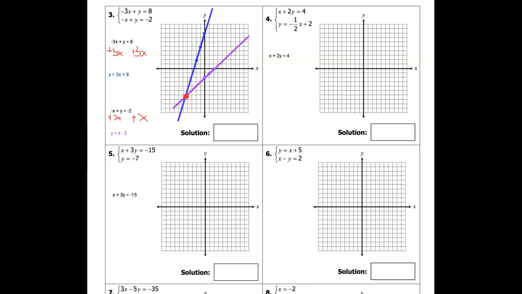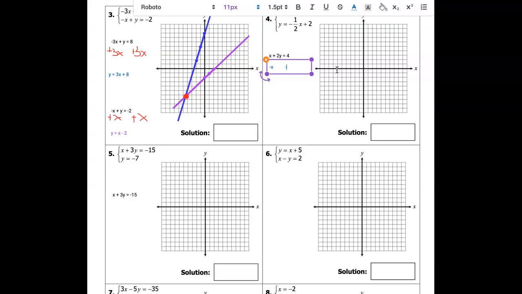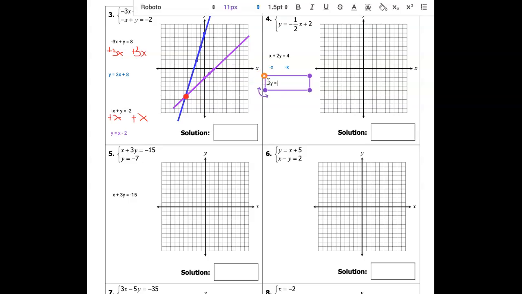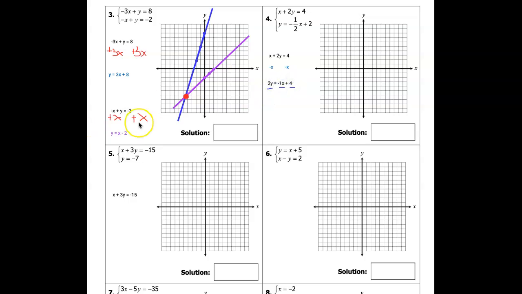All right, same with the next one. So we have to start by getting rid of the x. Since it's positive, we're going to subtract that from both sides. So then our new equation is 2y equals negative 1x plus 4. And then our last step is going to be to divide everything, all three of the numbers, by 2.